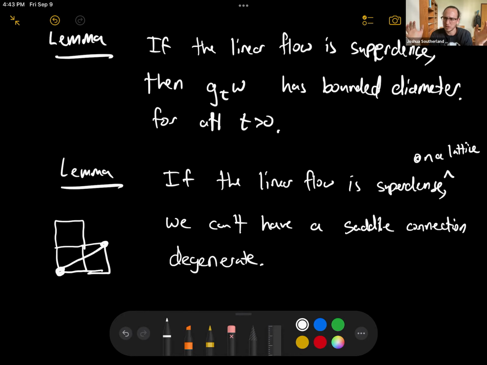And I don't think that you can, but you have to deal with the situation where you could have a sequence of saddle connections that are getting smaller and smaller, and then they stop getting smaller. But then here comes another one that's getting smaller and smaller, and it's approaching zero a little bit more, and then it doesn't go to zero, but then the next one is getting closer and closer.